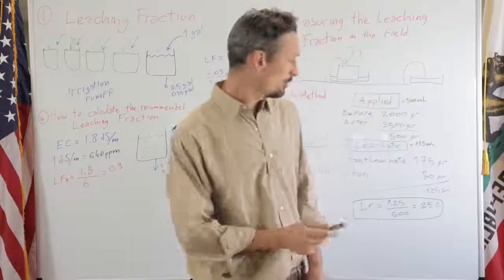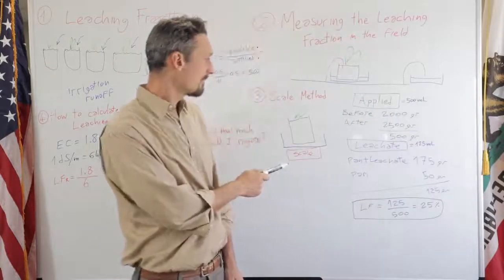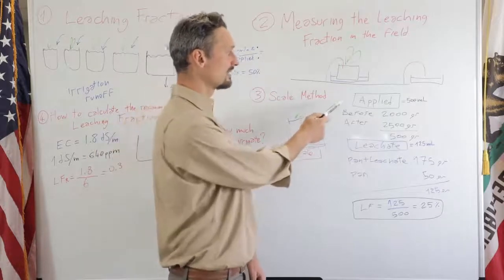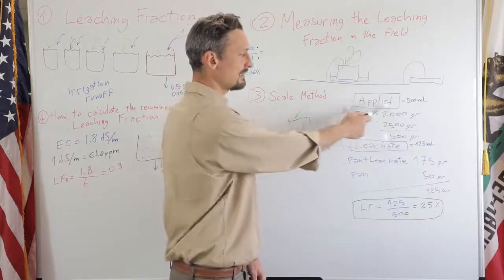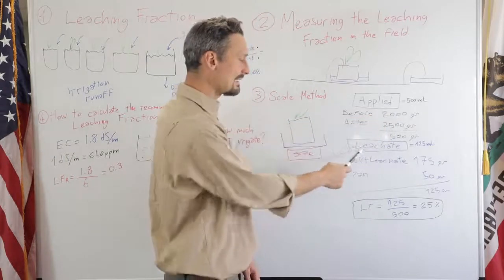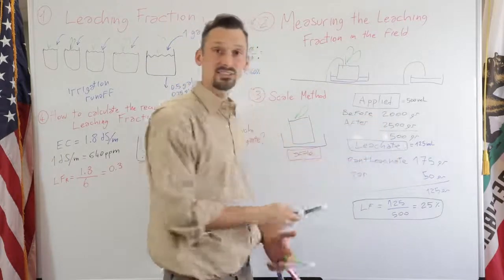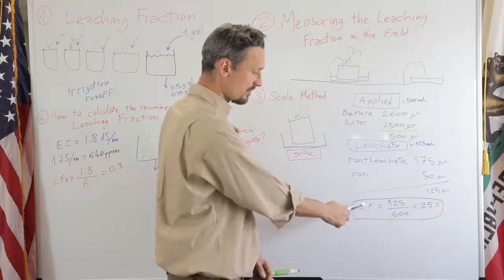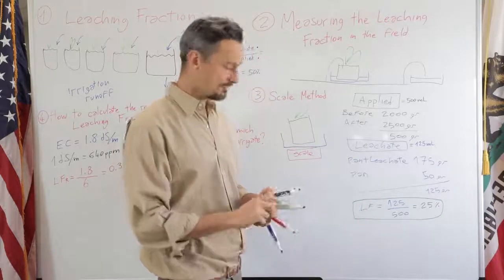So let's go back to our numbers from video number 3, and we calculated that we applied 500 milliliters and the leachate was 125, and down here, based on those two numbers, we calculated the leaching fraction.